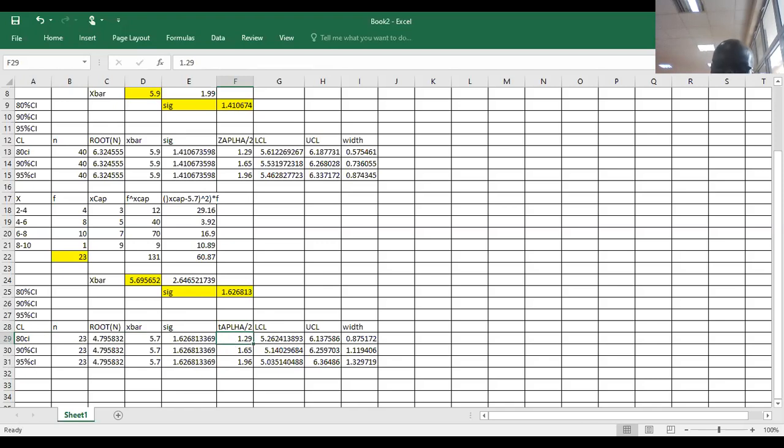So you go to the T table, and remember you're looking at both sides. Just a minute, I'll get to the T table just now. I want to get the T table first.